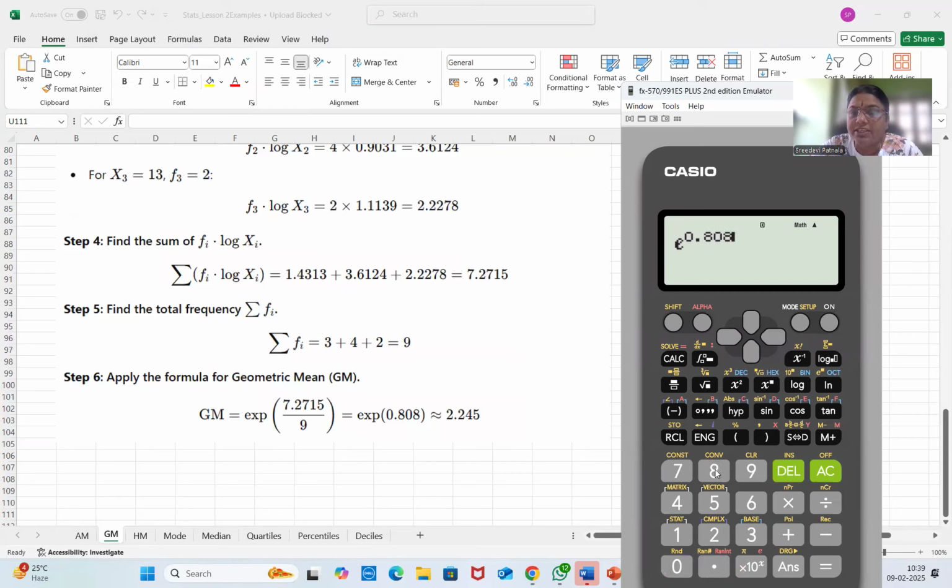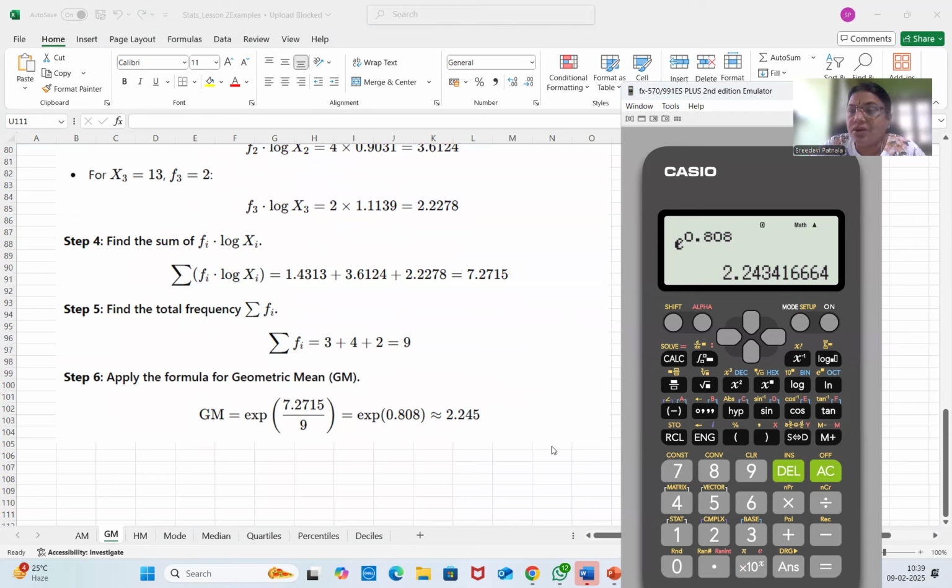You have to find the exponential value. Then it becomes 2.24. So it has been rounded in your answer. When the values are continuously moving on, you can round the value to the previous digit, 2.245. Okay, so this is how you have to find the geometric mean.